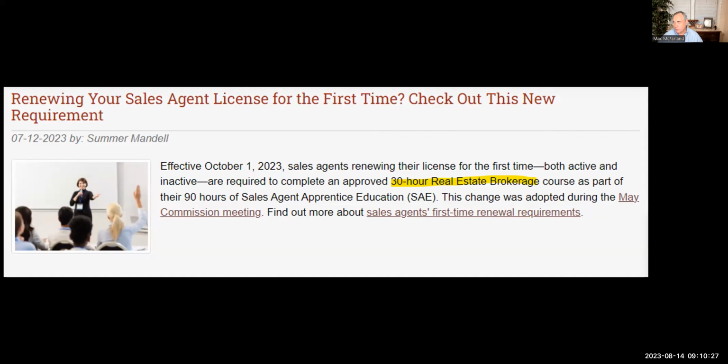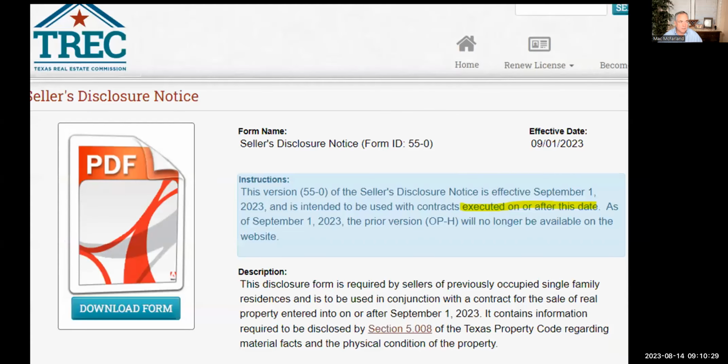As I'm going through this, if you guys have any questions, please jump in and yell at me. Seller's disclosure notice. The seller's disclosure notice is changing as of 1 September. And it's already in zip form. It's already on the Texas Realtors website.